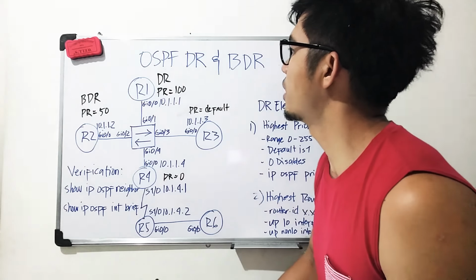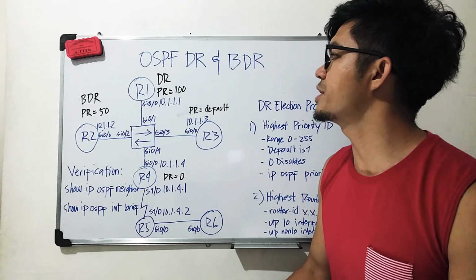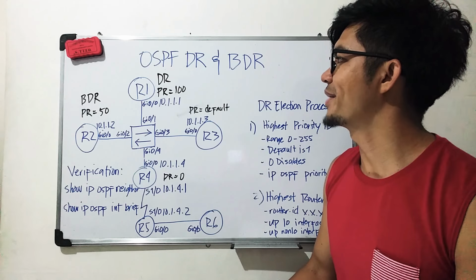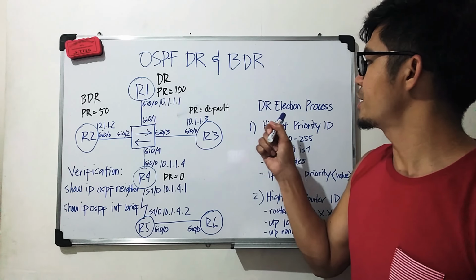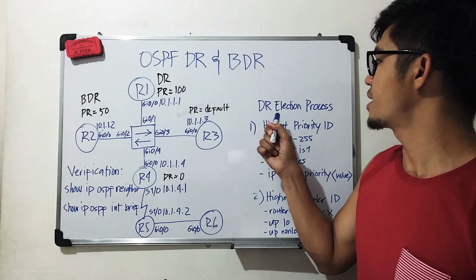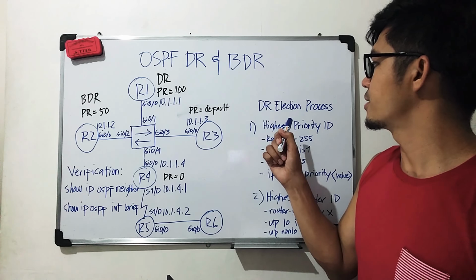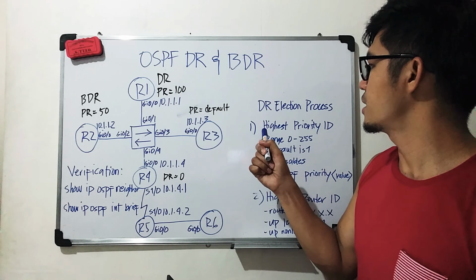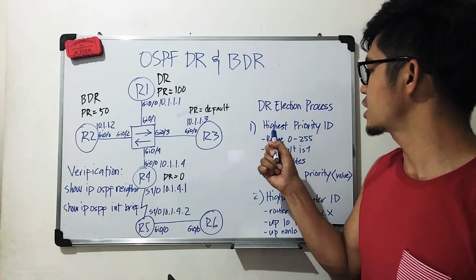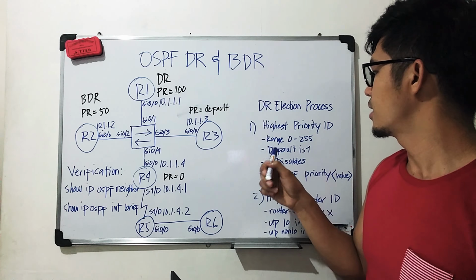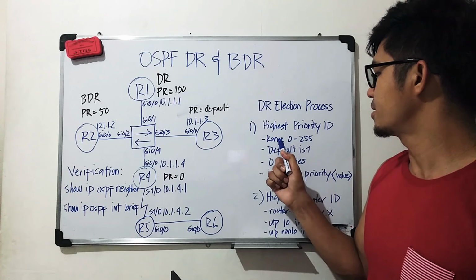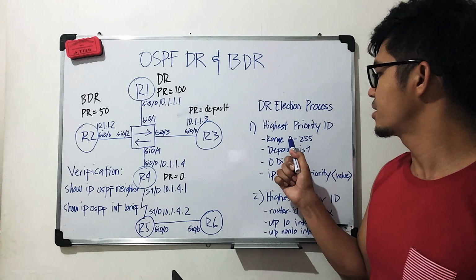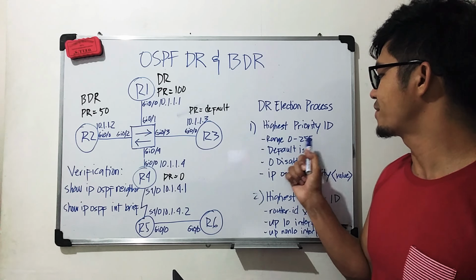So let's talk about how DR and BDR are elected. As you can see here, this is the DR election process. DR election is based on the highest priority ID, and the range of the priority ID is 0 through 255.